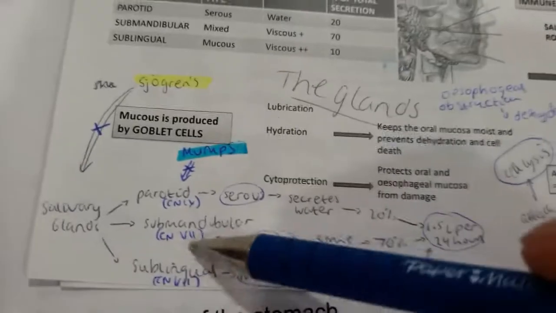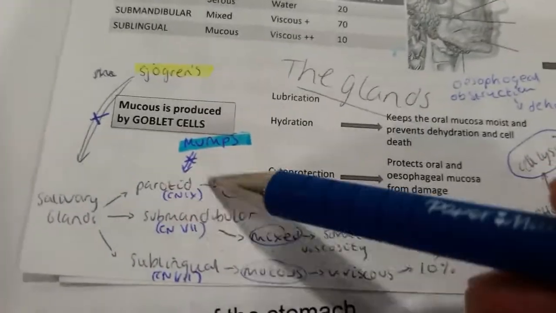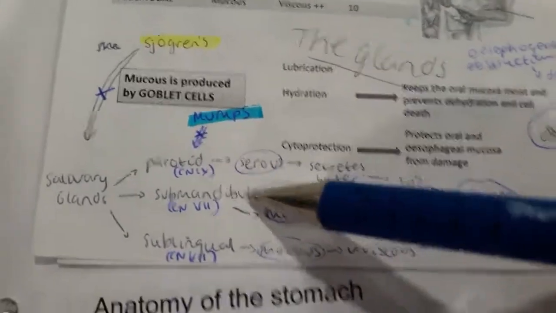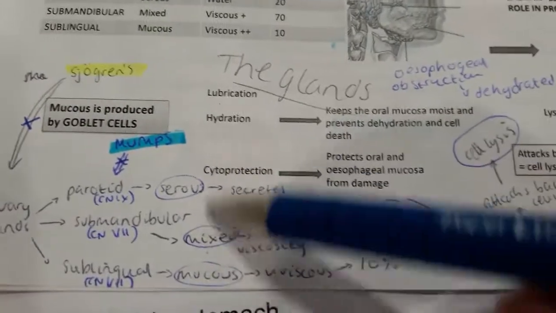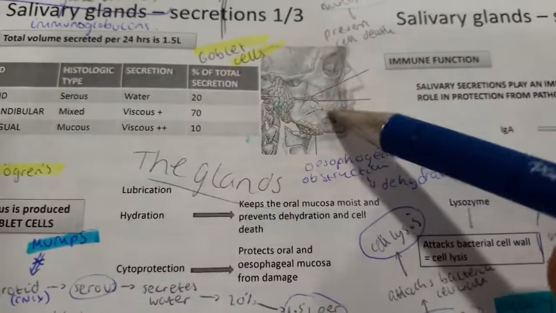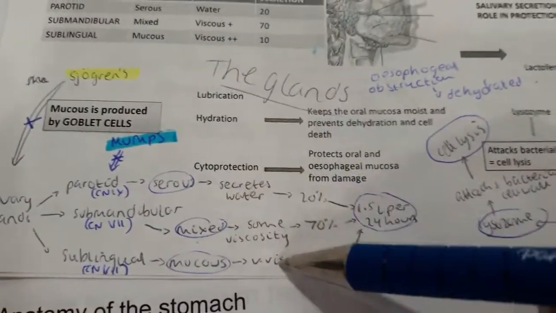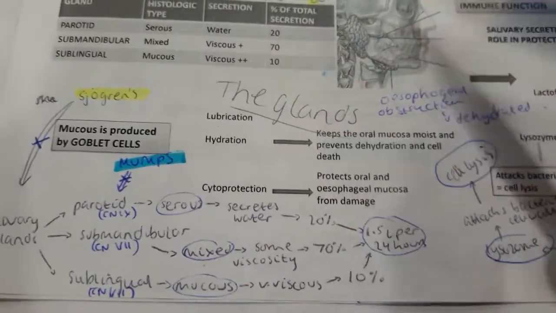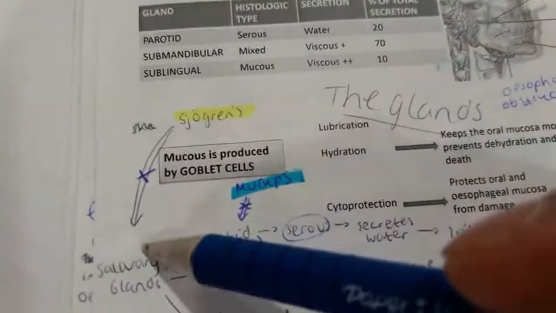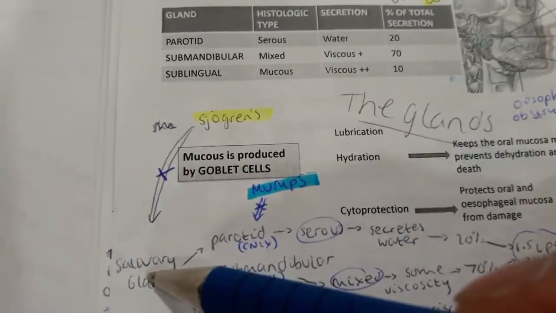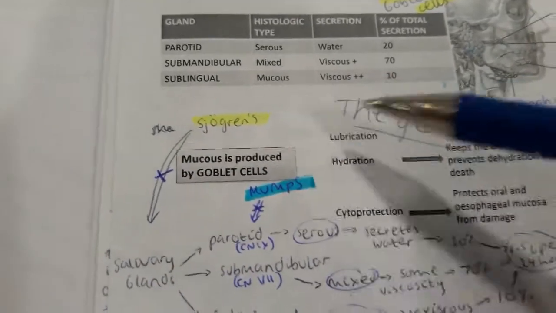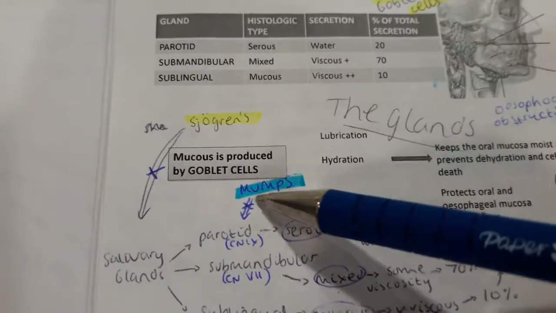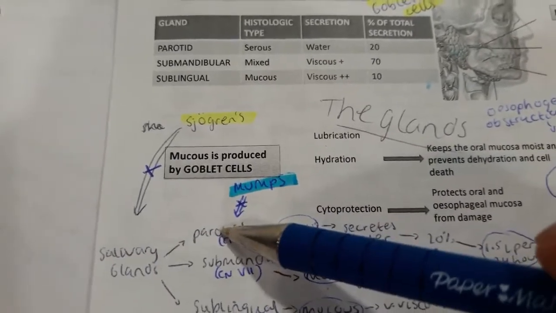You can do the same thing with the secretions. As you move closer to the mouth, the secretions change from watery to thick mucus. And again, Sjogren's attacks the salivary glands, and the mumps virus, which I'll also talk about in a minute, attacks the parotid glands, causing parotitis.